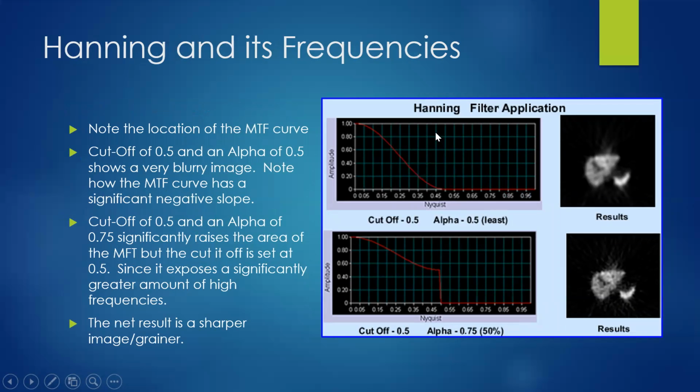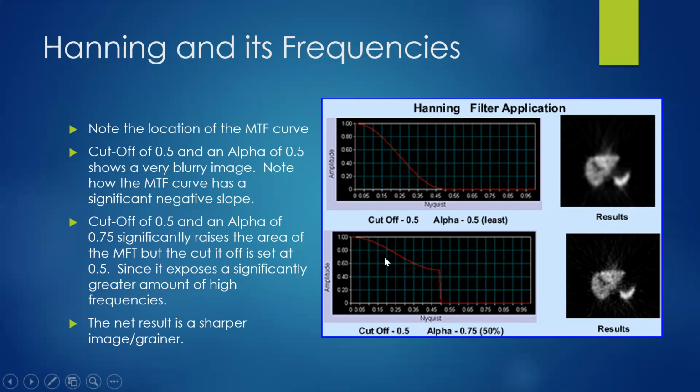So here what I did is I said, let's do a Hanning filter. And with a Hanning filter, we're just going to kind of go down like this. And compared to this graph here, you can see I've introduced a lot more small counts. In other words, all this area up here, this area out here is being excluded, right? So that being noted with this filter, come over here and look, this looks like a more fuzzy image over here because we've cut off some of the higher frequencies.